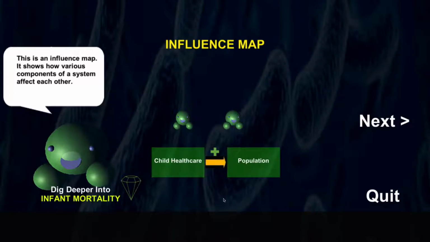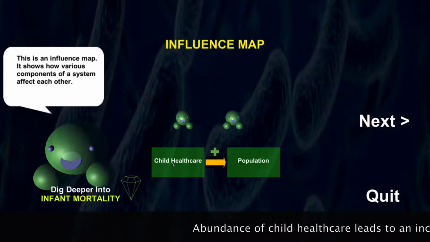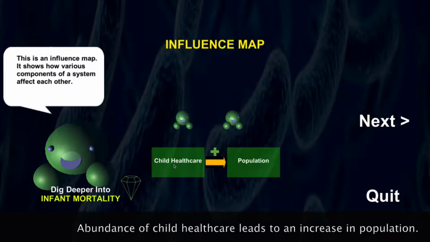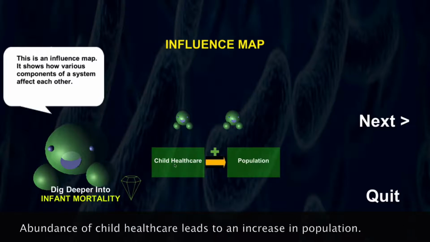What do these things mean? Well, here's a box that has child health care. Here's another box that has population. Here's an arrow that indicates influence. And here's a little sign that indicates whether the influence increases or decreases. In this case, we're increasing the amount of child health care, and so this box is green. If we were decreasing it, I would make the box red, for instance.